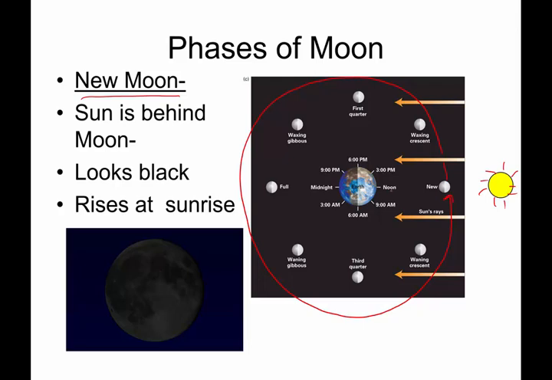So when there is a new moon, that's when the moon looks black. This picture, I don't know if it does it justice because it's hard to draw a picture of something that's black. But what happens is from our vantage point, when we look at the moon, this side of the moon is dark. This side is light because the sunlight is shining here and the whole back of it is in the moon's shadow.